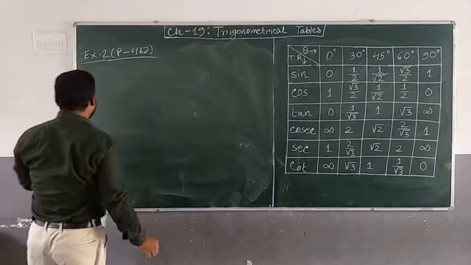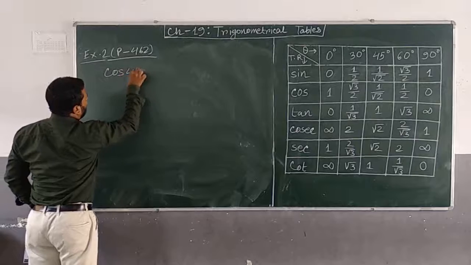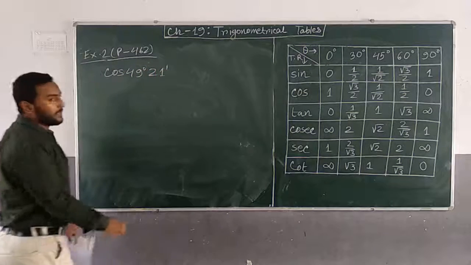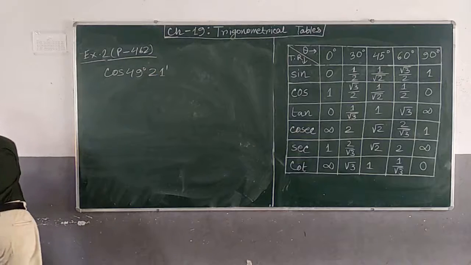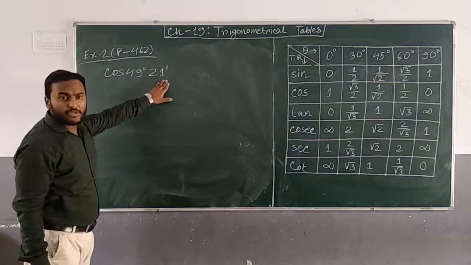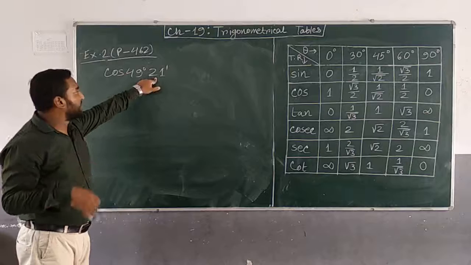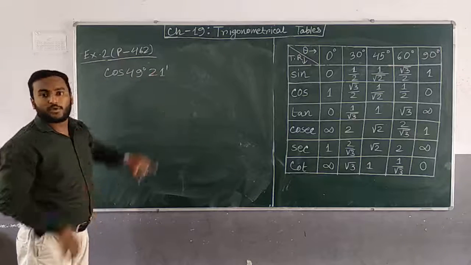Cos 49 degree 21 minutes, that you have to calculate. I have told that if the minutes are a multiple of 6, then nothing needs to be changed. If it is not a multiple of 6, then you have to change it.